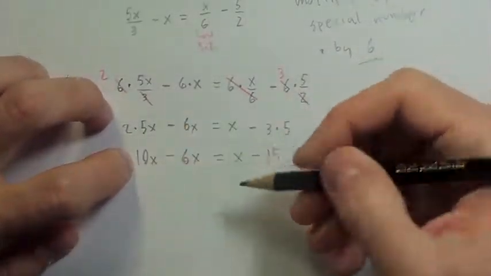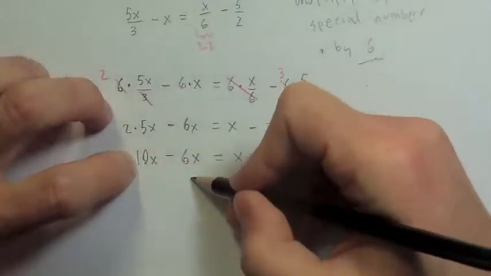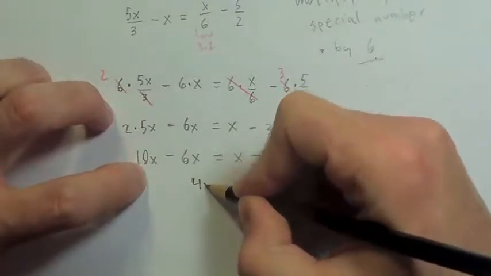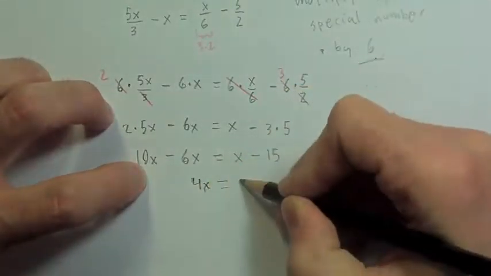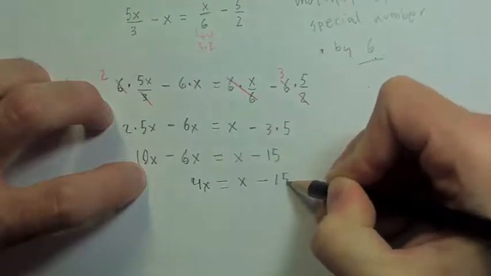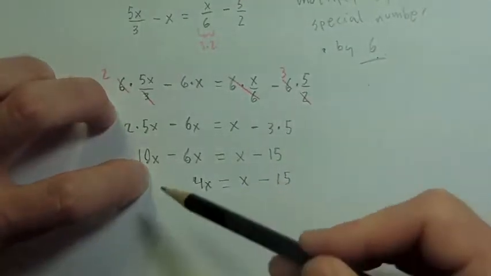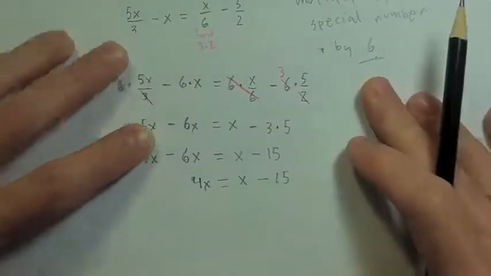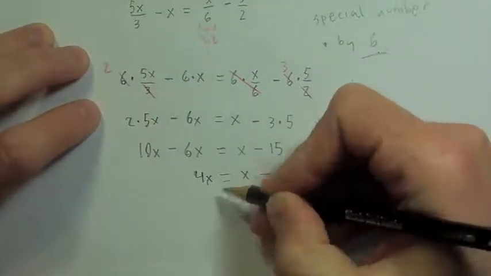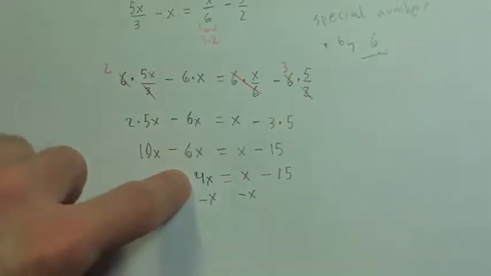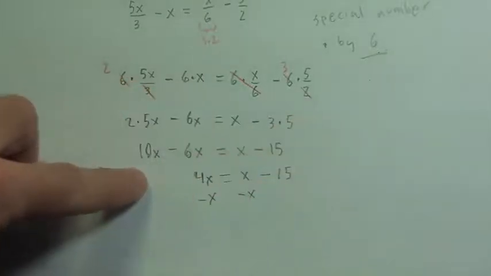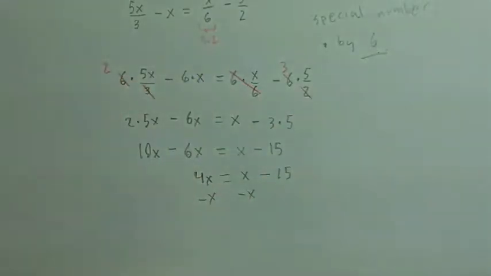We'll combine our like terms here. So we'll get 10x minus 6x, which will be 4x, is equal to x minus 15. And now we'll move the x over. Notice I could have moved the 4x over and then the negative 15 over here, but that's way more movement than we need.